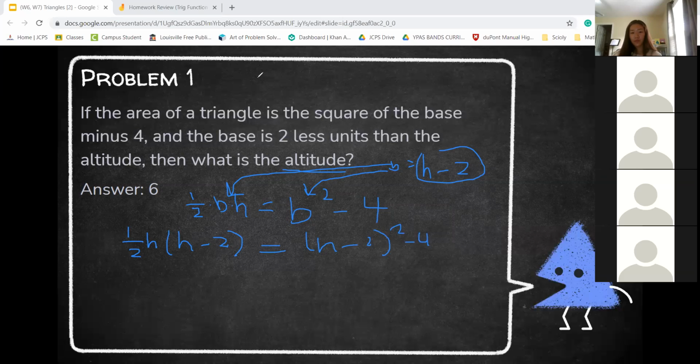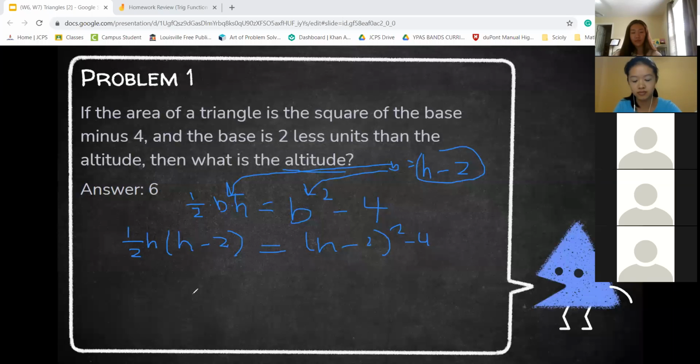Now I'm just going to expand all of this, so I'll go kind of slow. 1/2, I'm multiplying this with this first, times h squared, that's an h, minus 2h equals h squared minus 2h minus 2h, which is minus 4h, plus 4 minus 4.